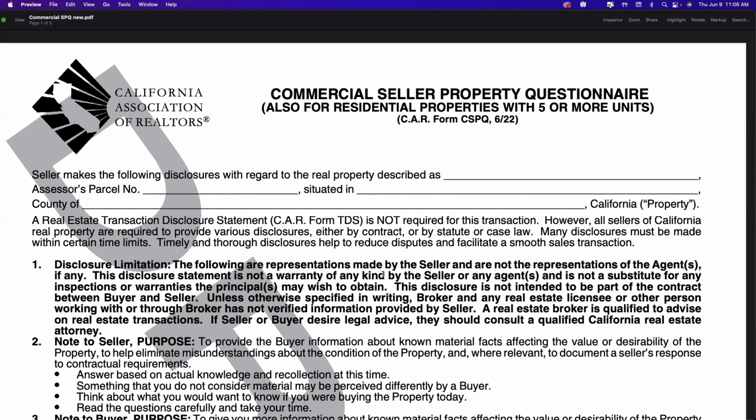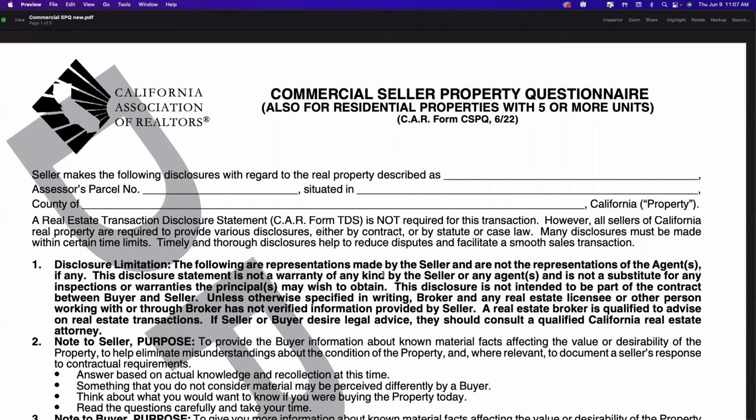So what CAR has done is that one of the things that a seller in a commercial transaction is supposed to provide is any known material facts, the same way a residential seller would have to disclose material facts that may affect the desirability of the property. A commercial seller still has to do the same thing, even though they're not at the same level of required disclosures.